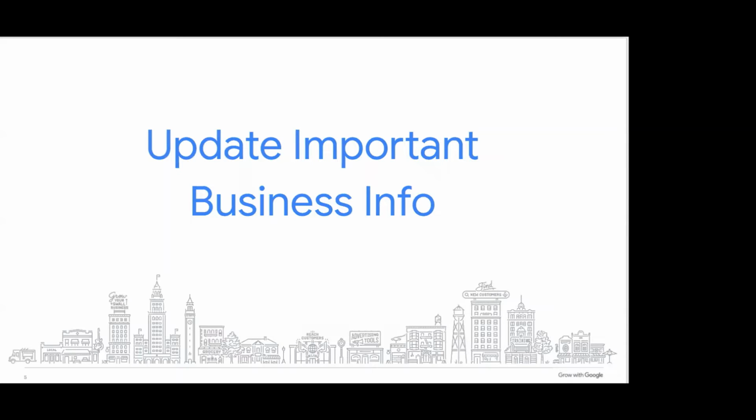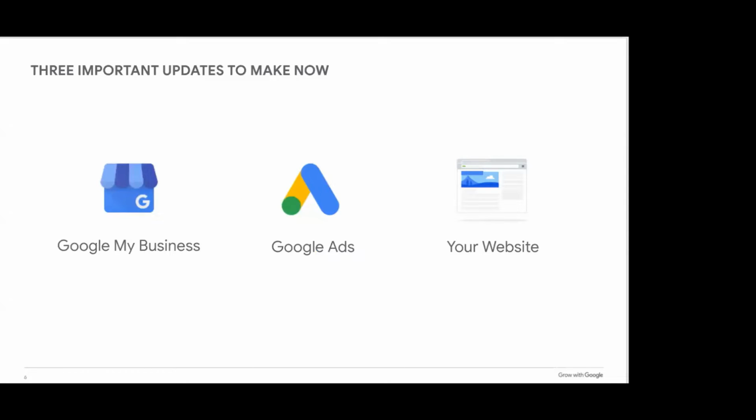Now let's talk about how to update your customers with any new critical business information. There are 3 areas where you can make these important updates: My Google Business, Google Ads, and your website, and we'll go over each one.